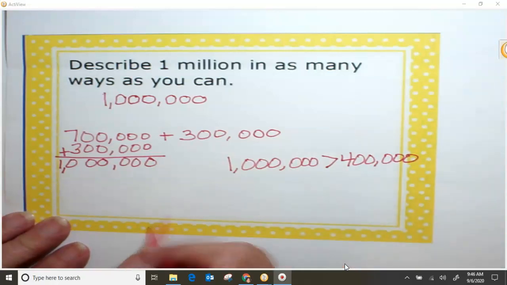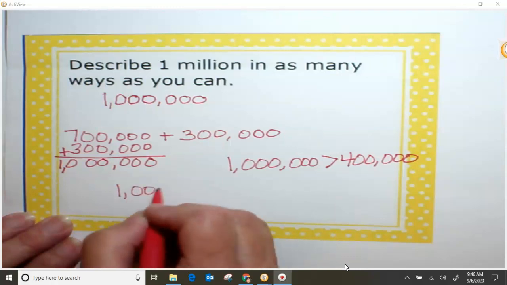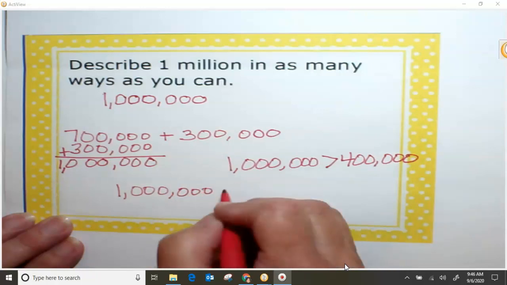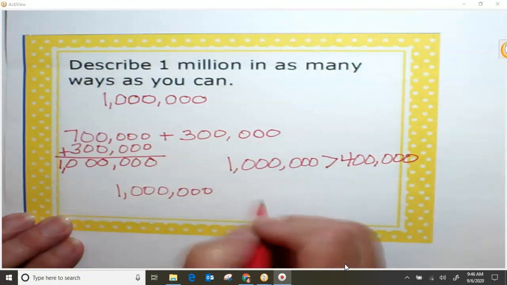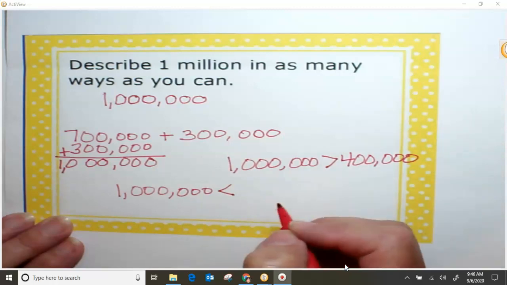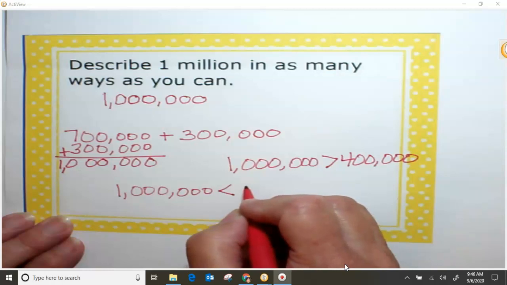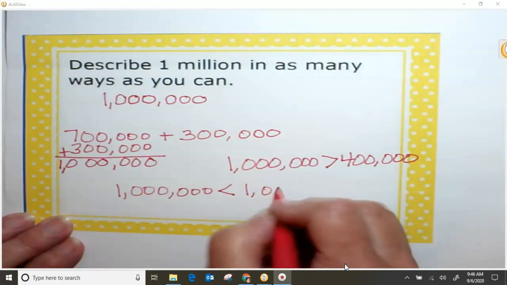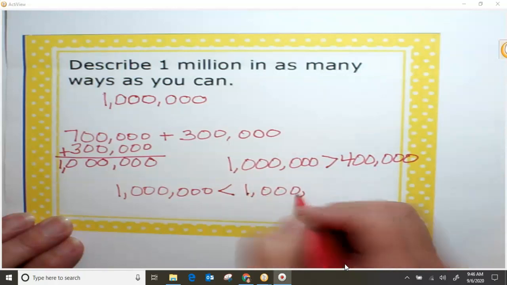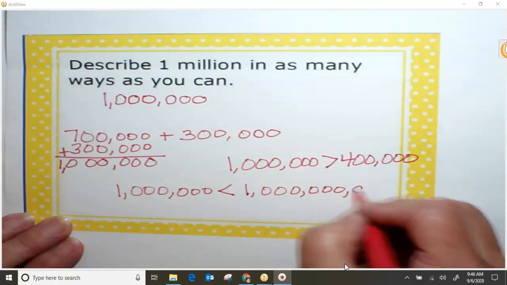We could also do 100 million. I'm sorry, not 100 million. 1 million is less than, let's say, 1 billion. Let's write that big number out. My billions, millions period, my thousands period, and my units period.